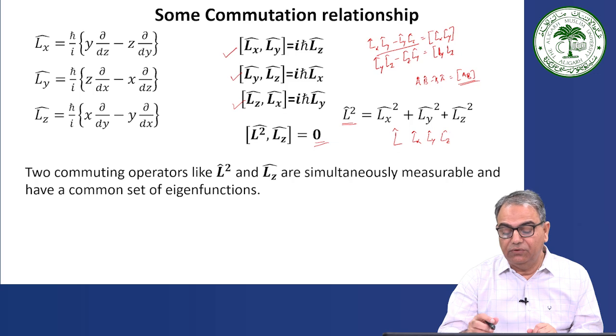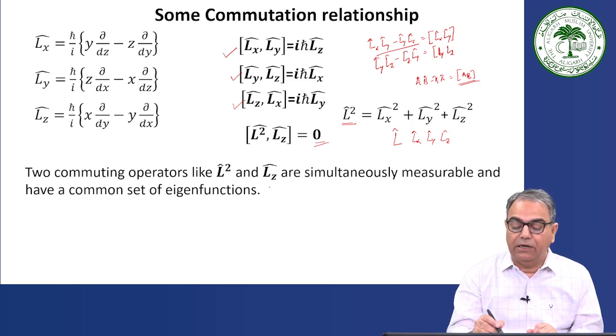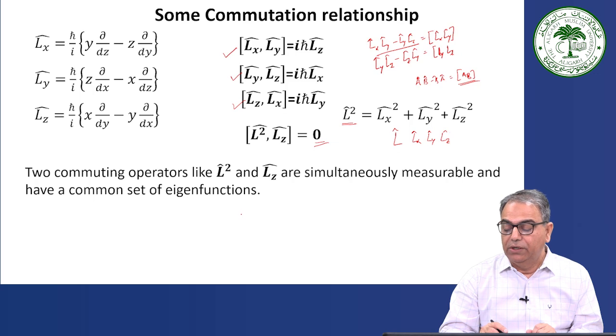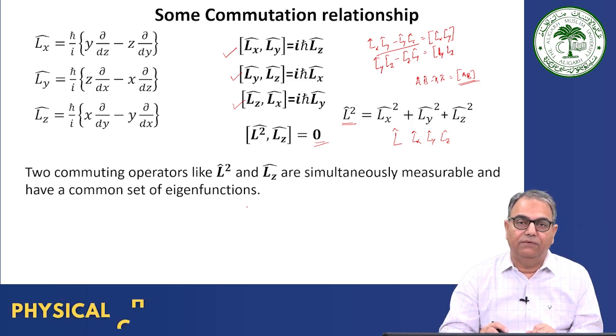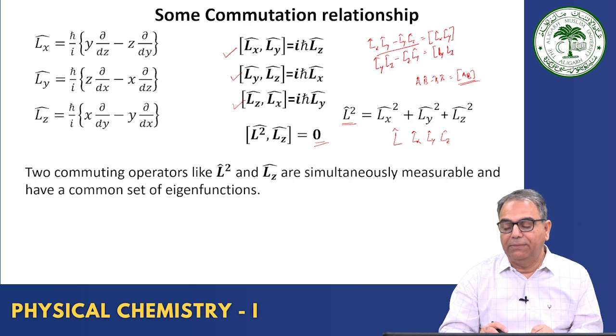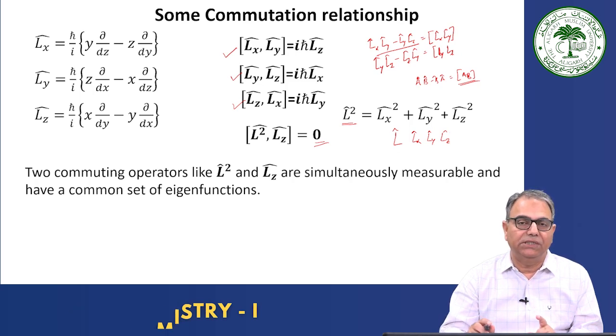It tells you that if two operators, L square and Lz, commute, and their commutator is equal to 0, then they are simultaneously measurable. We can measure them simultaneously and precisely. These are not conjugate variables like position and momentum, because the position and momentum operator commutator is not equal to 0 and they cannot be determined simultaneously.